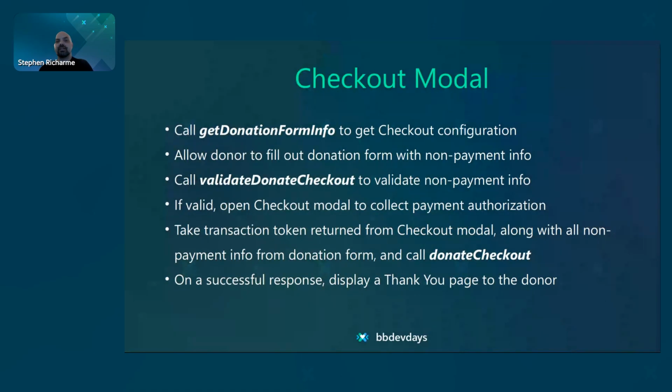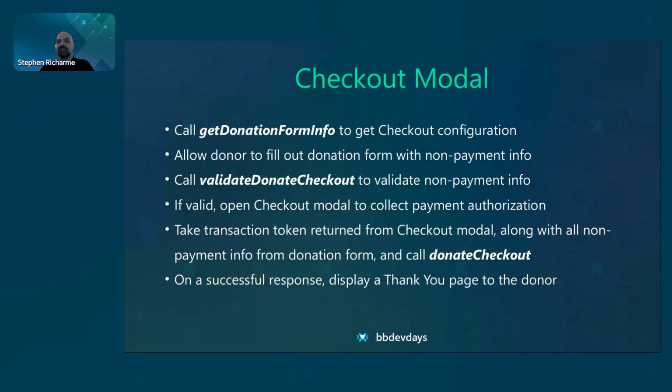So we call validate donate checkout to make sure that everything except for the transaction information matches our validation requirements. That includes things like making sure that required fields are populated, making sure that they contain valid values, all of that sort of thing.